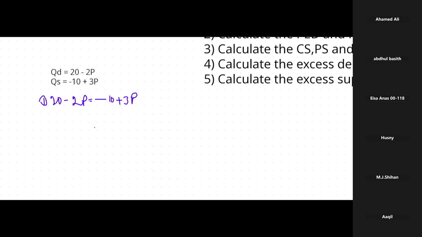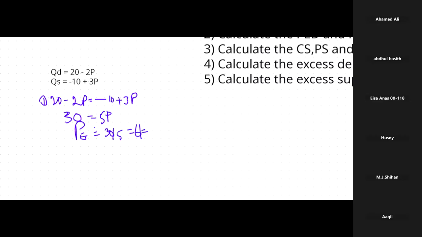So this minus 10 comes to this side: 30 is equal to 5P. So the equilibrium price is 30 over 5, which is equal to 6 rupees.